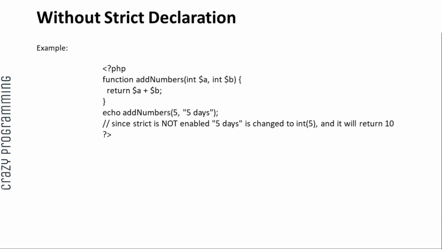Outside the function I wrote echo add numbers 5 comma "5 days". As I told you, I have not declared strict, so strict is disabled here, so "5 days" will change into the integer 5, so it will return 10, because 5 plus 5 is 10.